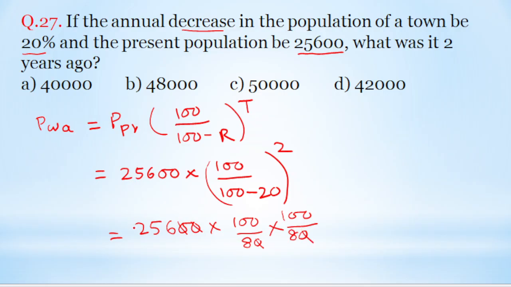Now 8, when 256 is divided by this 8, it becomes 32. Again when this 32 is divided by this 8, it becomes 4. So 4 into 100 into 100, that is equal to 40,000.